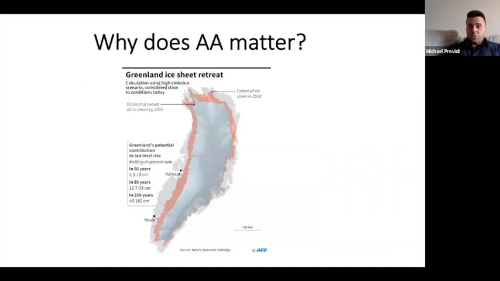A third reason why enhanced Arctic warming matters, well, it matters quite a bit potentially for sea level rise. And this map here is showing the Greenland ice sheet. Indicated here by the red boundary is the extent of the Greenland ice sheet in the year 2008.